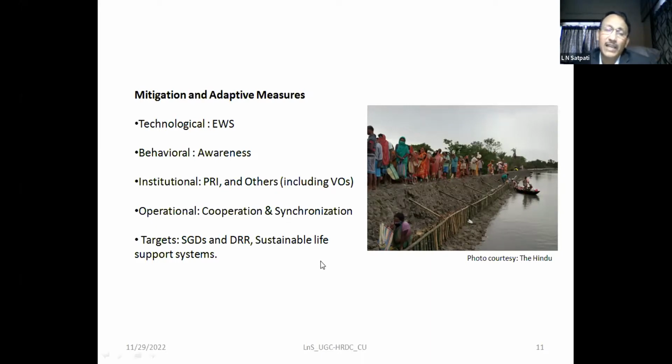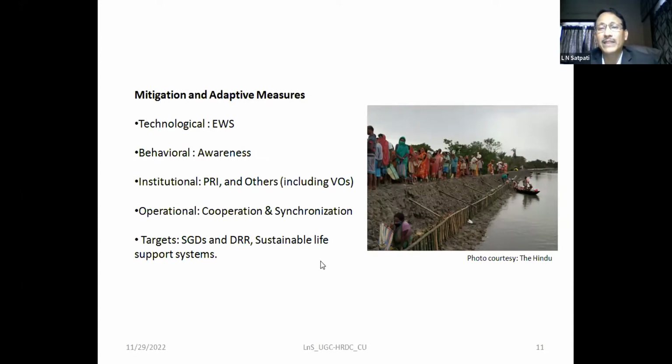But for that, a perspective vision document has to be prepared for the next about 25 years, because already the government of India, our Prime Minister, has designated the next 25 years as the Amrit Kal.